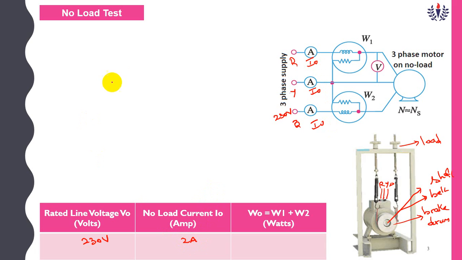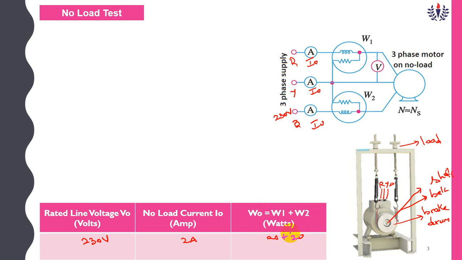When the current flows in this stator winding, the power has to be measured. For that we have 2 watt meters to measure the power. One watt meter measures the power from R to Y, another watt meter from Y to B, so W1 plus W2. These watt meters will read, for example, 20 watts plus 20.